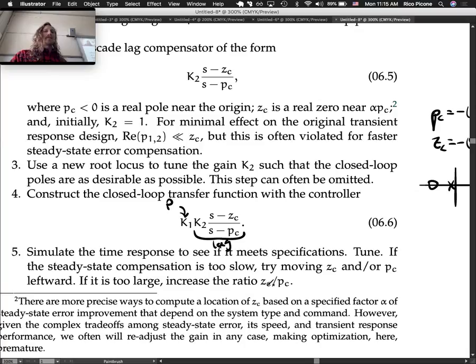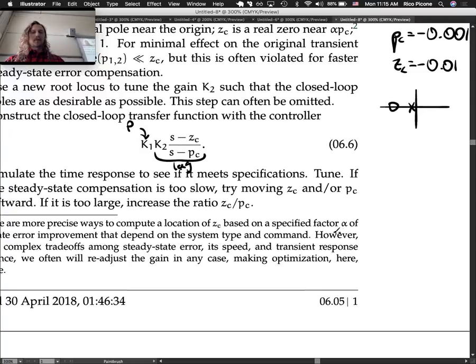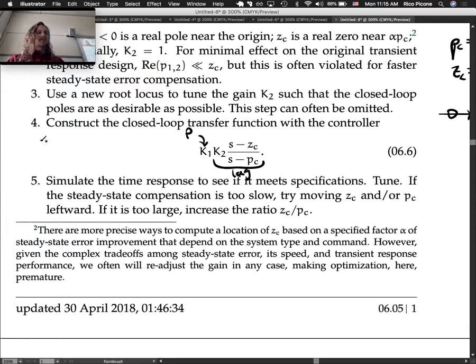So if we want to increase our steady state error compensation, in other words, we want to decrease the steady state error, we move the 0 leftward, and the PC we move rightward, or we just change that ratio. I mean, there are 3 ways you could do that, right? Well, you can change ZC and PC such that this ratio increases. That should decrease your steady state error.